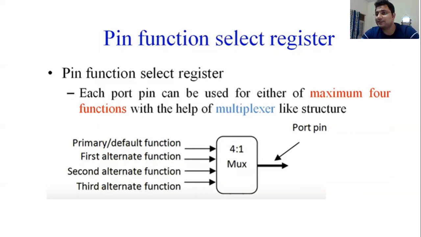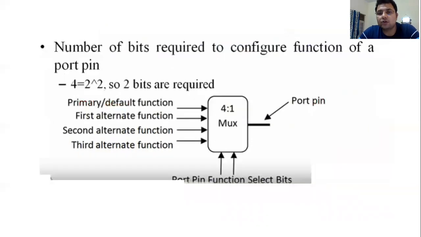So when you start configuring your pins, for the system to understand, we have to configure these registers. So pin select is one of the registers. This register will hold these port pin function selection bits, these two bits. Suppose we want to use port number 0, pin number 3. Corresponding to port number 0, pin number 3, we require two select bits for the system to understand.